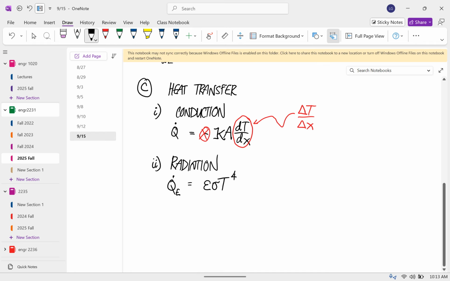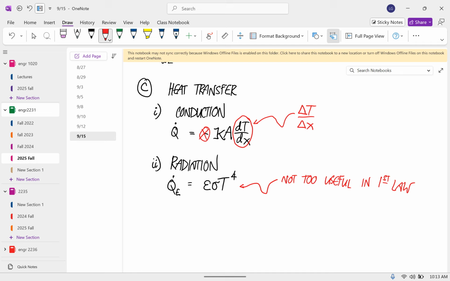This isn't too useful to us in thermodynamics equations. So this isn't too useful in the first law. And the reason it isn't too useful is because in the first law, we need to know the net heat transfer.